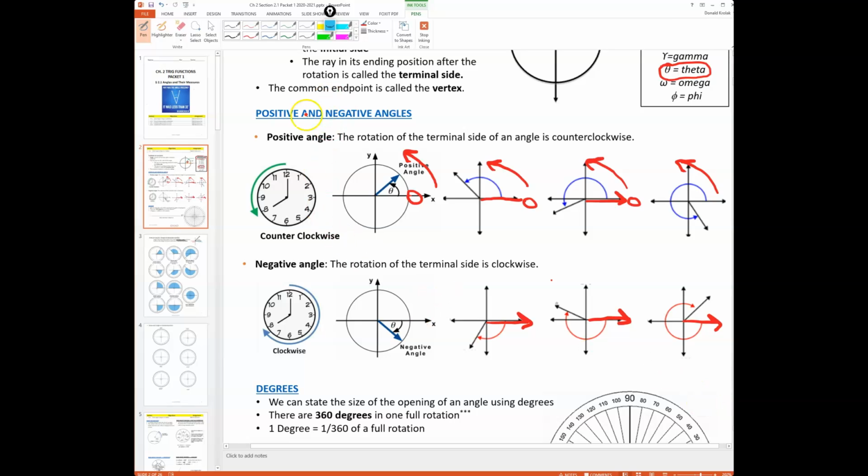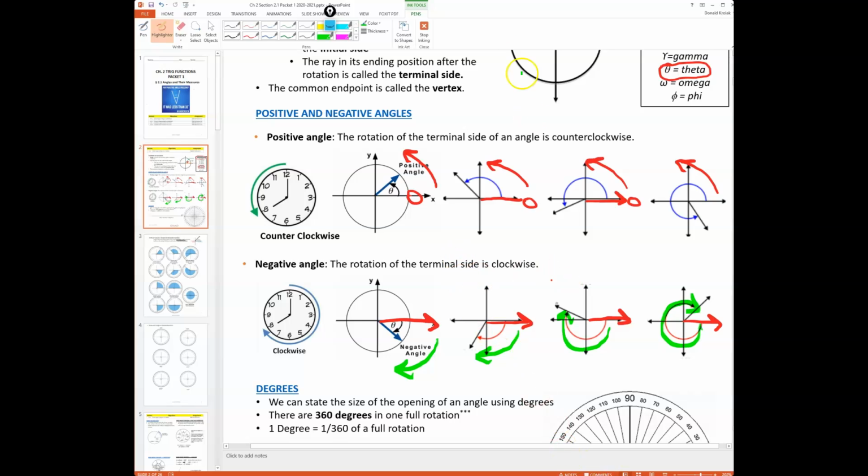And now the angles are opening in a clockwise direction, which means they are now going to be negative angles. So all a negative angle means is the direction in which it opens. It opens in a clockwise direction.